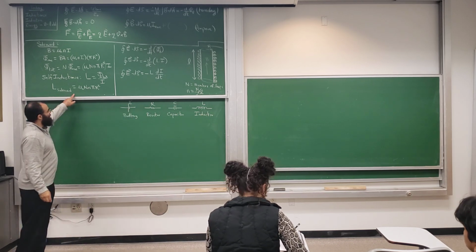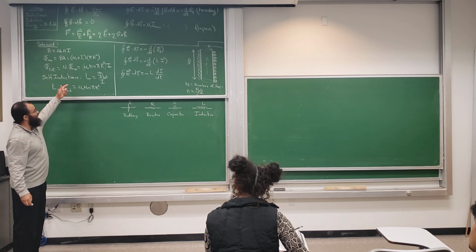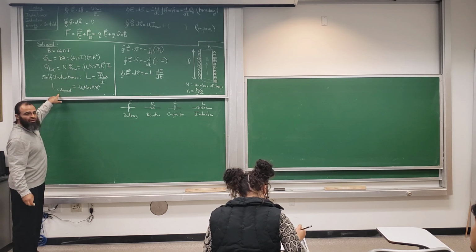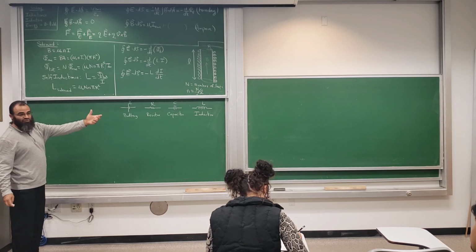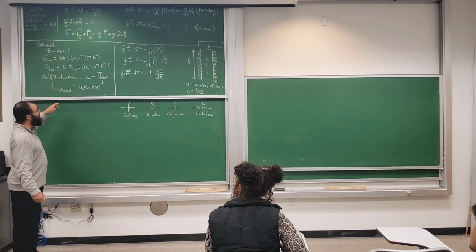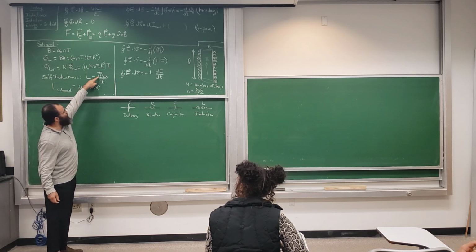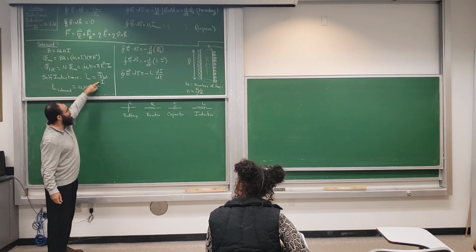Now, I forgot to mention the unit for inductance. Inductor is the object, the component. Inductance is the quantity. So inductance would be measured in units of flux per current.